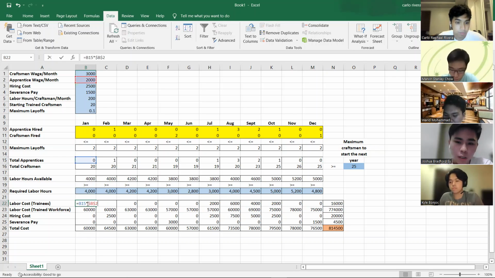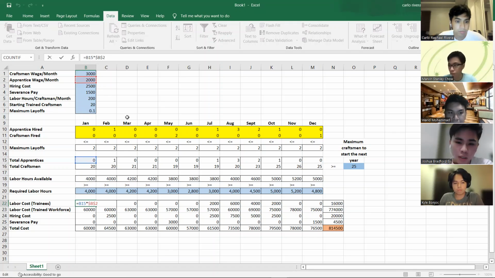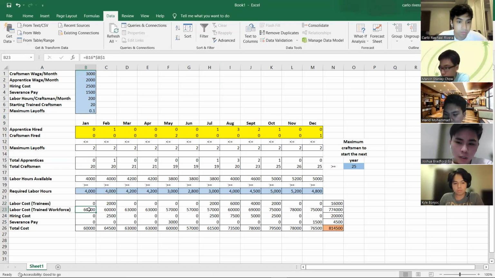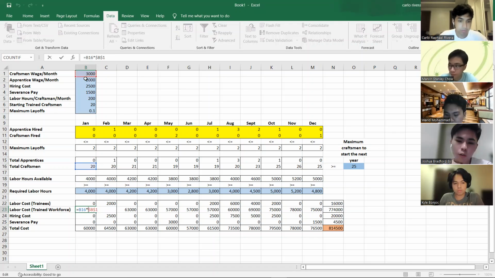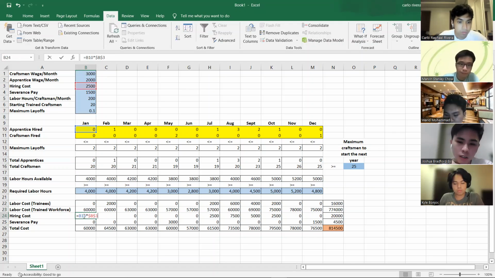The formula for labor cost for trainees is apprentice hired multiplied by apprentice wage per month. The formula for labor cost for trained workforce is total craftsman multiplied by craftsman wage per month. The formula for hiring cost is apprentice hired multiplied by hiring cost.